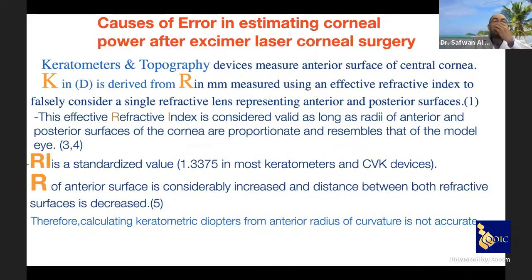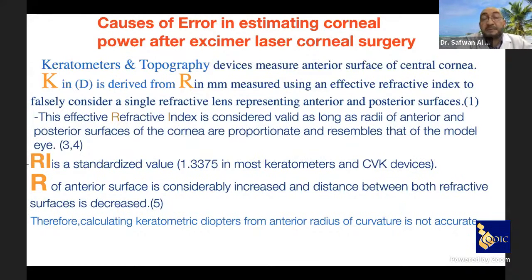Now, keratometry and topography devices measure the anterior surface of the central cornea. K in D is derived from R, the radius in millimeters, using an effective refractive index to falsely consider a single refractive lens representing the anterior and posterior surfaces.